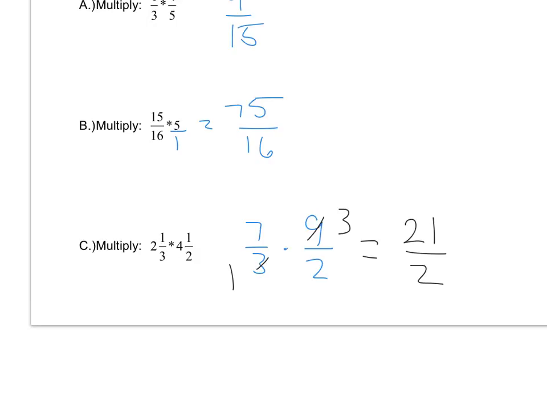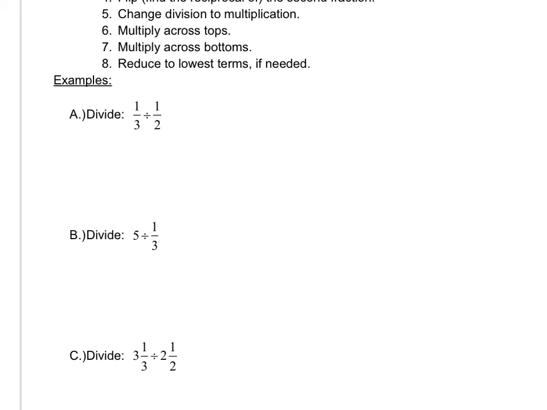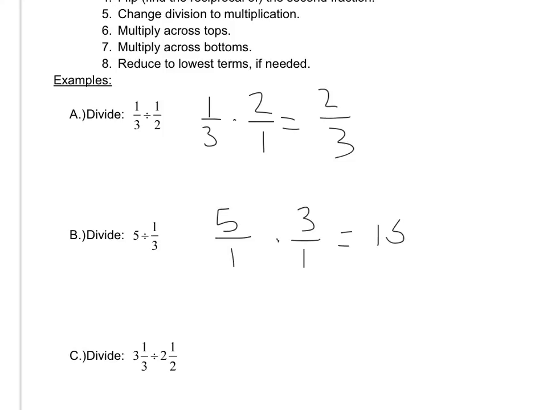Dividing fractions is next. So dividing fractions. Remember, multiply by the reciprocal. So this would be 1/3 times 2 over 1, so it's 2/3. 5 over 1 times 3 over 1, so it's 15.